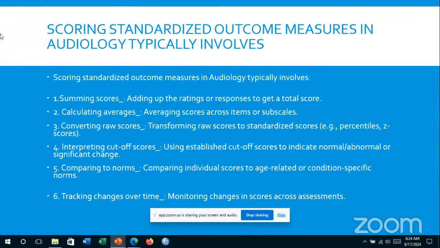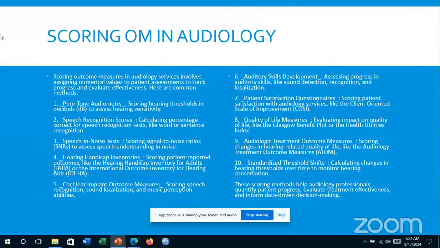So typically in audiology, when you have the total score, you have to calculate averages, you have to convert raw scores, that is transforming raw scores to standardized scores. You give percentile score.